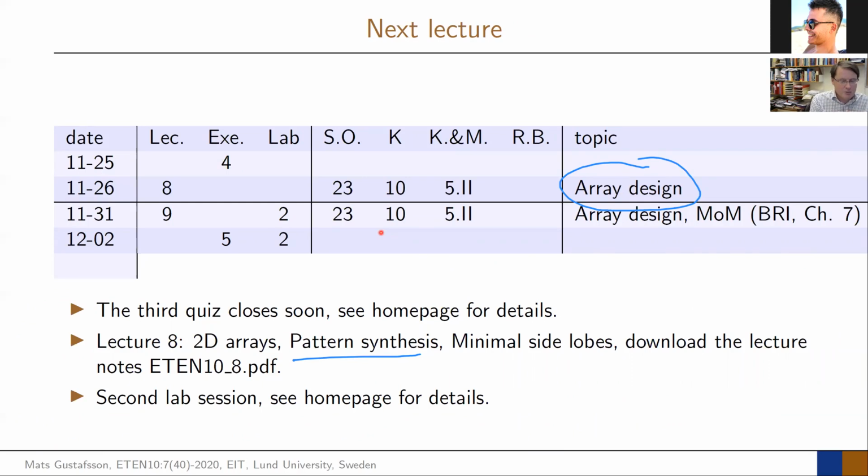In most cases, we would like to have a radiation pattern that doesn't have high side lobes, for example. How can we make the beam narrow and the side lobes low? How can we formulate that? How can I make the beam go in a certain direction? How do I do beam steering? That we'll do on the next lecture.